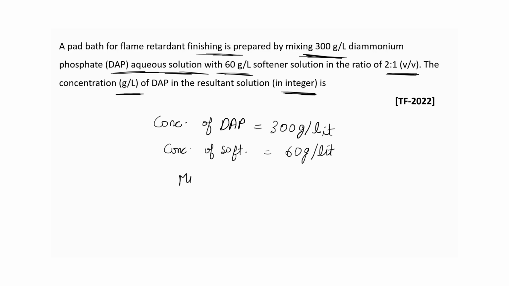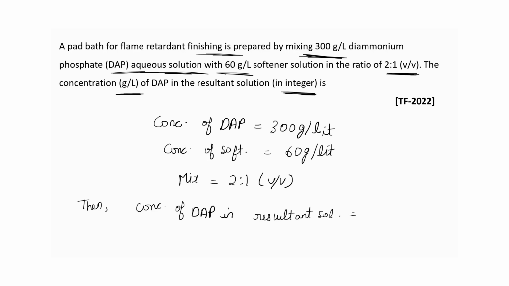So when it is mixed in the ratio of 2:1 volume by volume, the concentration of DAP in the resultant solution is 2 upon the total 3, into whatever the concentration of DAP is, 300, so it comes out to be 200 gram per liter.